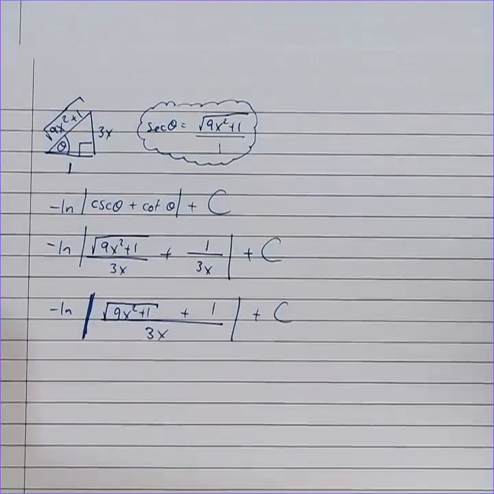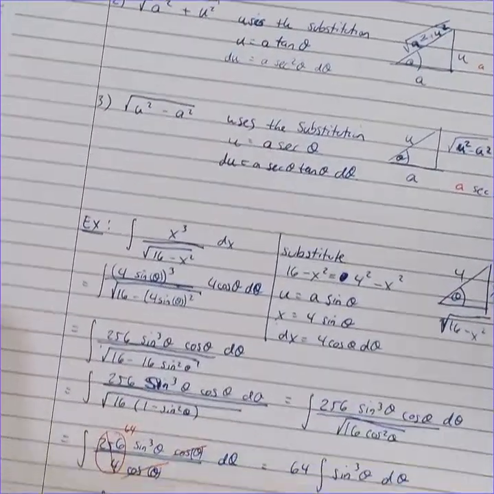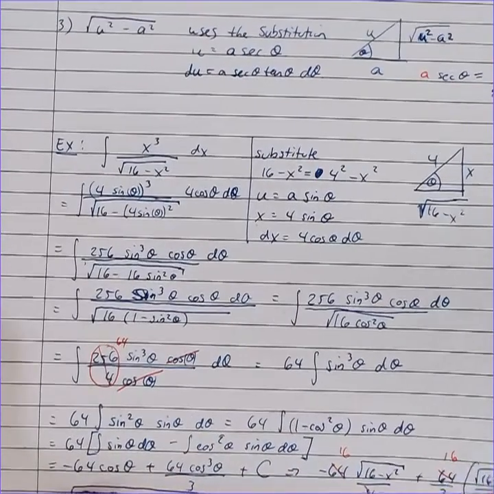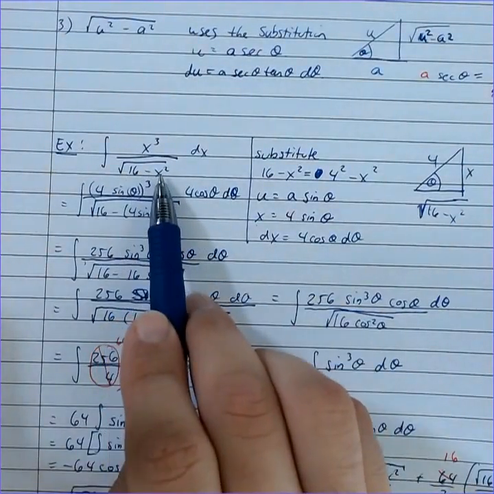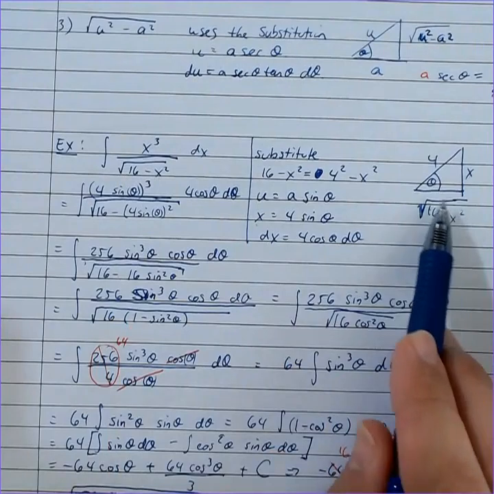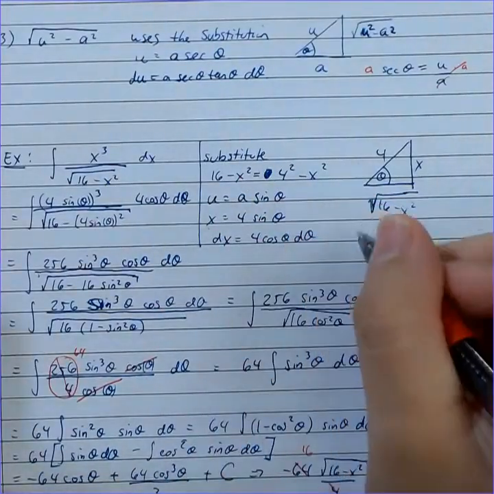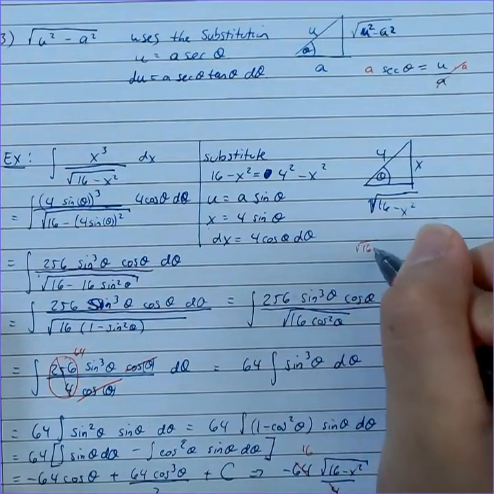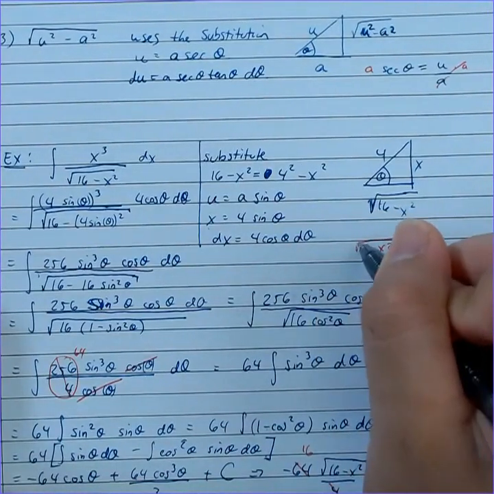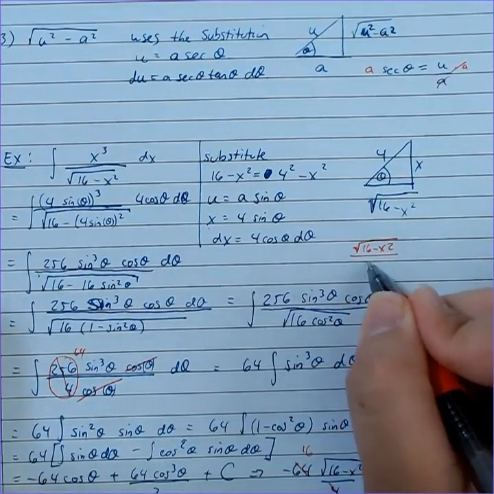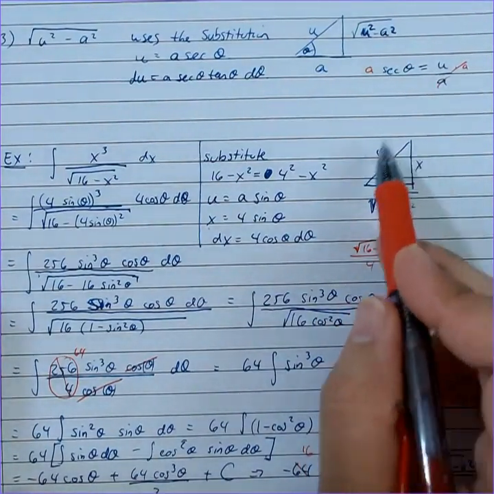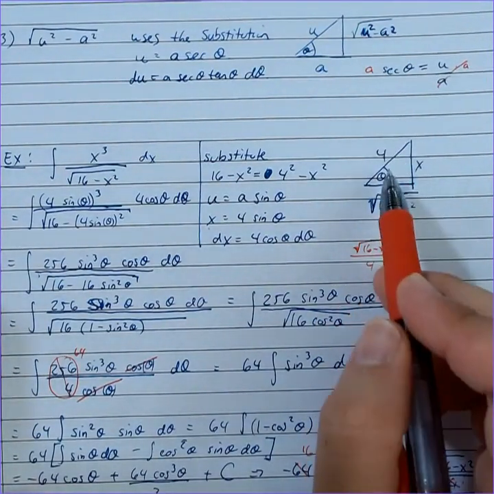In our previous problem, we solved exactly the same thing. Here, we had square root of 16 minus x squared. Okay, well, that's that part right there. If I take square root of 16 minus x squared, if I divide that by 4, unfortunately I can't use 1 because 1 is not one of the sides of a triangle, but 4 is nice.